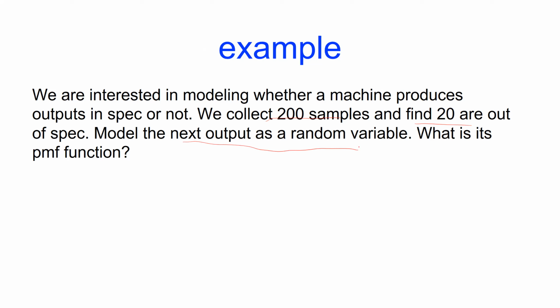What is the PMF? When you see this real world example, although it's a toy example, it maps to some real world scenario, right? So you will say, hey, I have learned some distributions. Obviously, you have only learned two distributions so far, so probably one of them will work here.